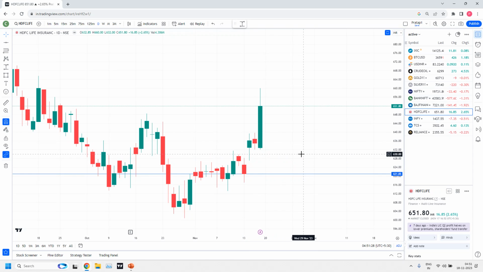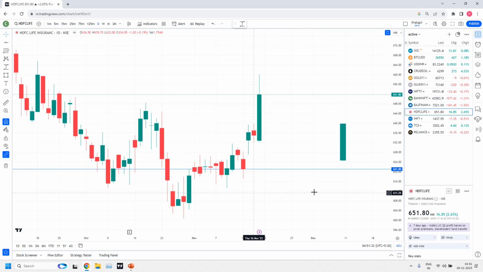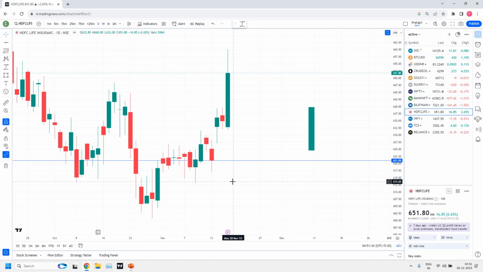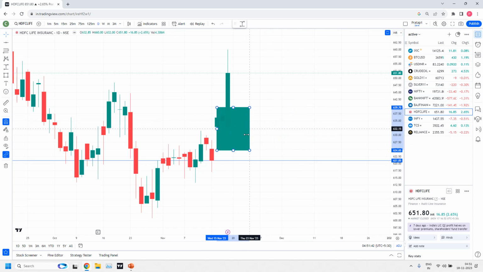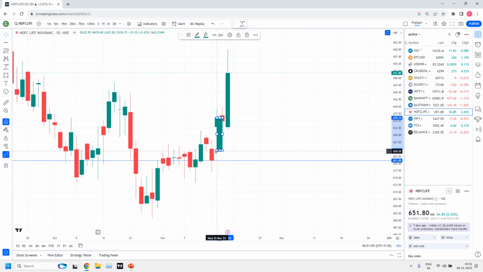Let me draw some body. This drawing tool in TradingView is not very good, but at least let me put in my best effort to make you understand.